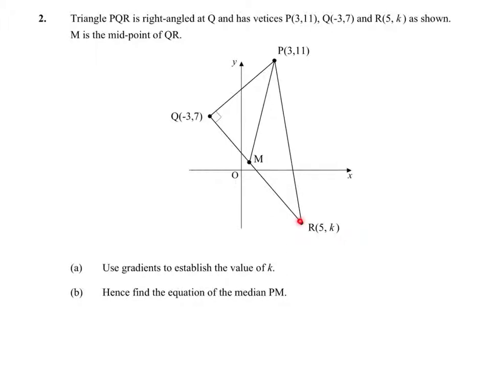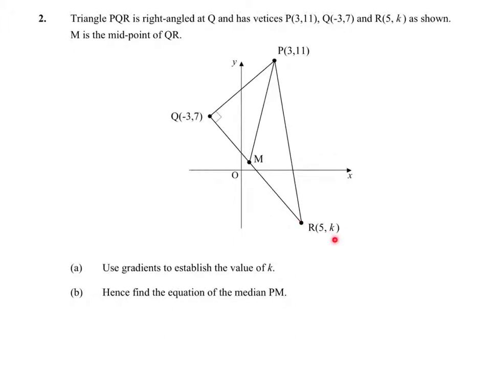So from the diagram we can see that the line QP and the line QR are perpendicular, which means if we know the gradient of the line QP, we can easily work out the gradient of the line QR. If we know the gradient of the line QR, then using the gradient formula, we can then establish the value of k.